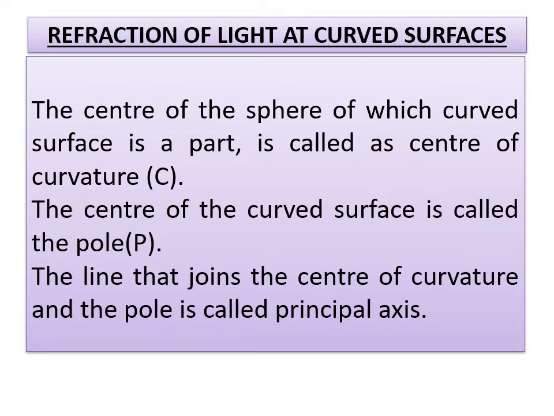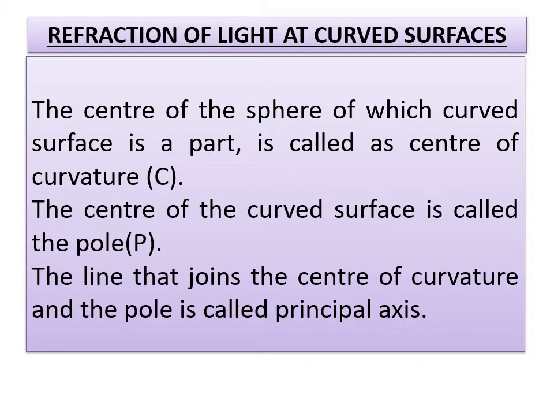Now we have to discuss what is center of curvature. The center of the sphere of which the curved surface is a part is called the center of curvature. So it is similar to your mirror terminology, children. The center of the curved surface is called the pole. The line that joins the center of curvature and the pole is called the principal axis.